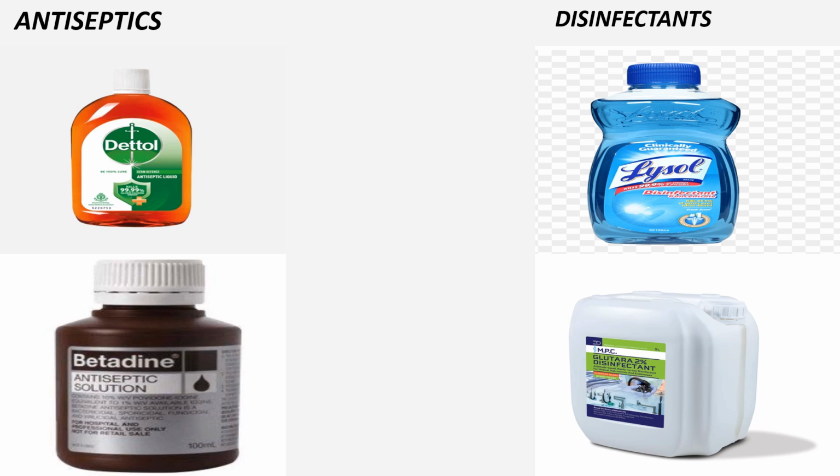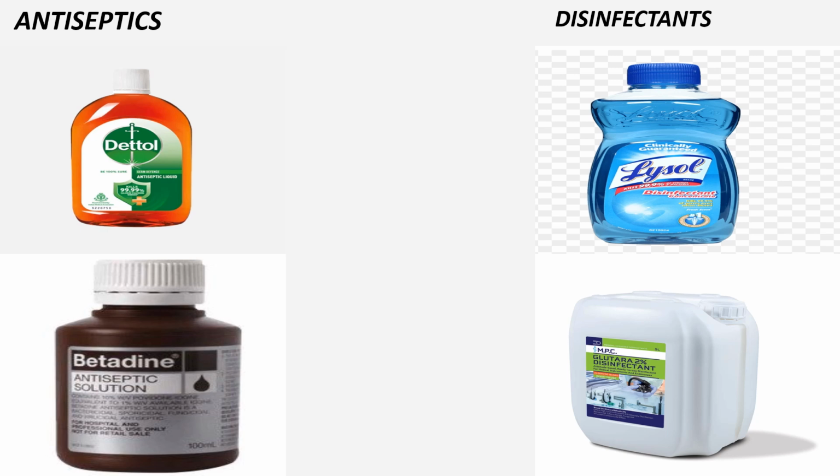On this slide, we have examples of antiseptics and also examples of disinfectants. Dettol is an example of an antiseptic and it contains chloroxylenol. Another example of an antiseptic shown on this slide is Betadine.